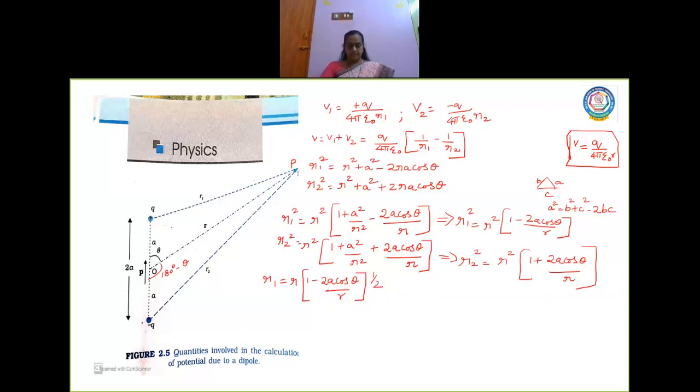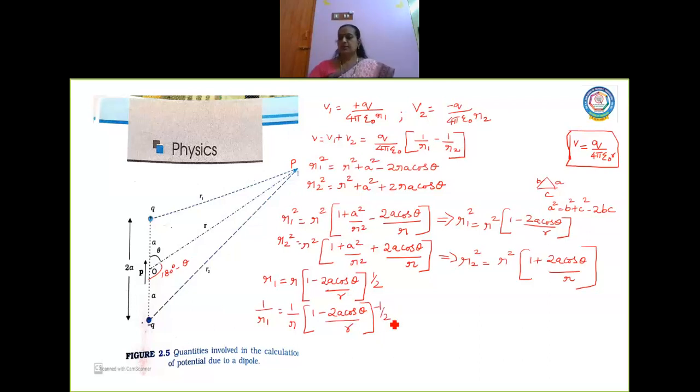Yes or no? Yes? Okay, now this is r1, but I wanted to have the value of 1 by r1, children, correct? So what will be my 1 by r1? 1 by r1 equal to 1 by r into 1 minus 2a cos theta by r the whole power minus half.